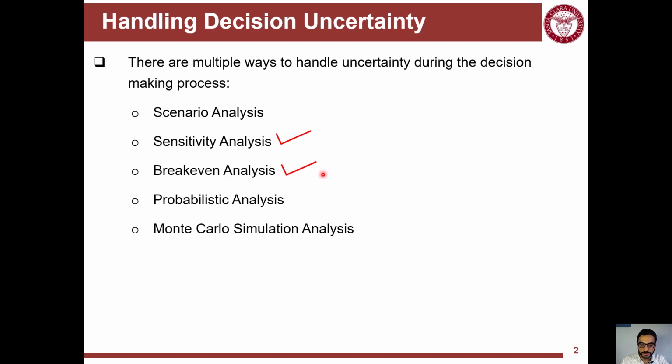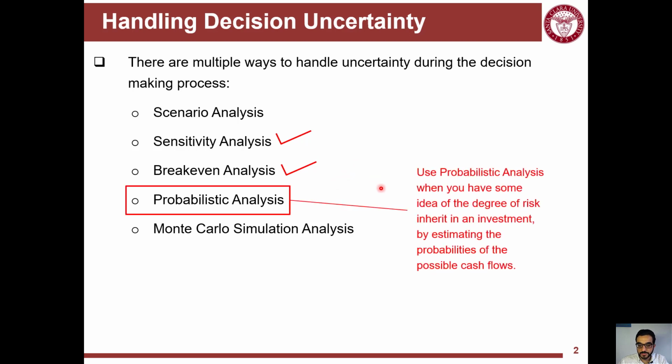Now, we'll learn in this video about probabilistic analysis, where you have more information about the magnitude of the variability of your cash flow. It's not just a matter of the range, like sensitivity, where you assess the sensitivity of the outcome of the project relative to the change of some parameters or some parts of the cash flow within the range.